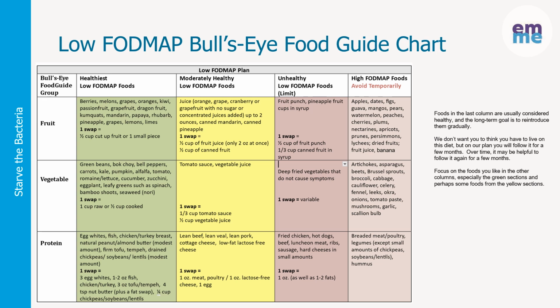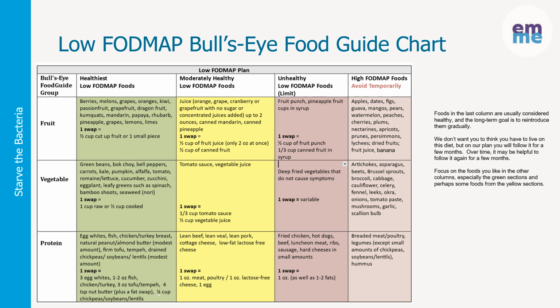So those plant-based foods, the nut butters, tofu, tempeh, and beans, they're so healthy that we do list them here, but you need to try them in very, very small amounts. For example, the chickpeas and the soybeans and the lentils, maybe a tablespoon sprinkled on a salad. You can try, just avoid large amounts of those, and preferably stick with your chicken, turkey, fish, and egg whites.